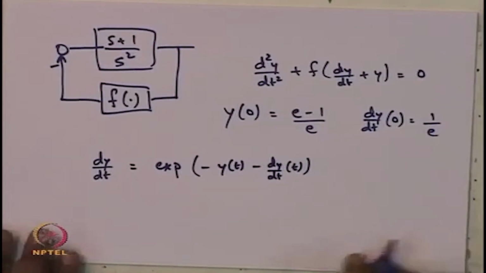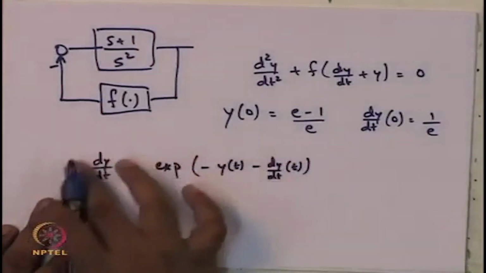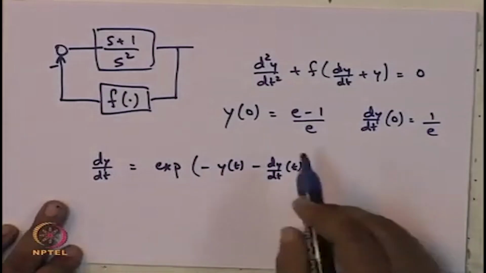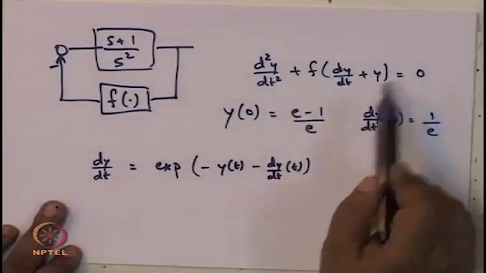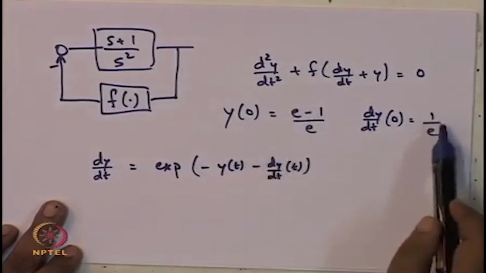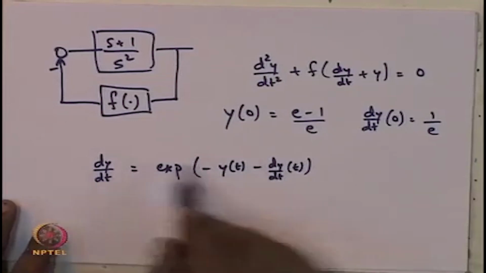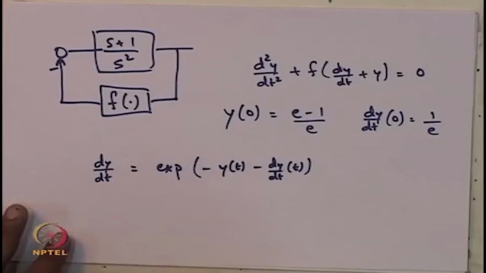Okay. So, I am claiming that this particular equation gives us a solution to this original system with initial conditions y at 0 being this and dy dt at 0 being this. Okay. So, how do we show that this is a solution?